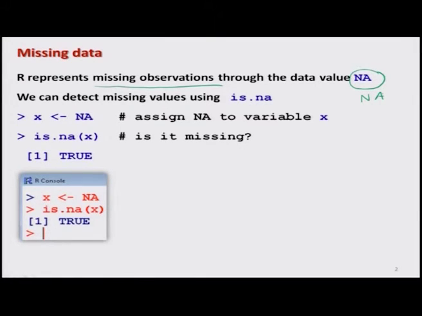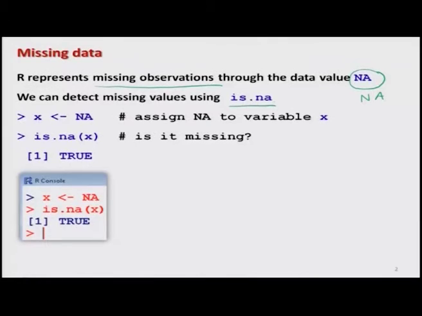For that, in R we have a command which is is.na, is not available, and then inside the bracket we give the name of the data set or the name of the variable in which the data set is contained, right.